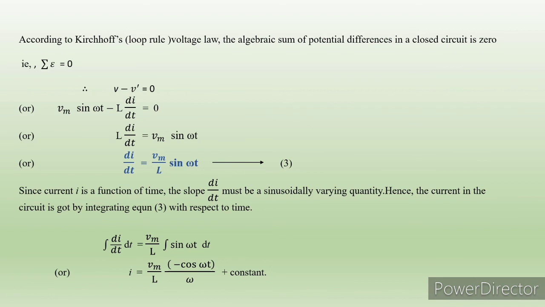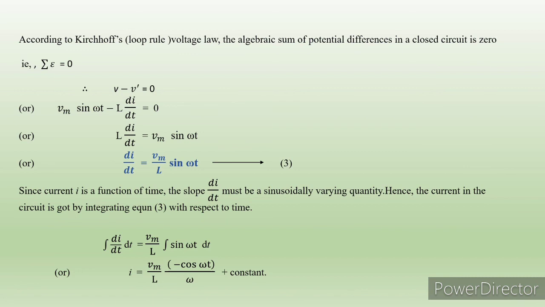According to Kirchhoff's loop rule or voltage law, the algebraic sum of the potential differences in a closed circuit is 0. That is sigma E equal to 0. Therefore, V minus V dash equal to 0, or substituting for V and V dash, Vm sin omega t minus L di by dt is equal to 0.